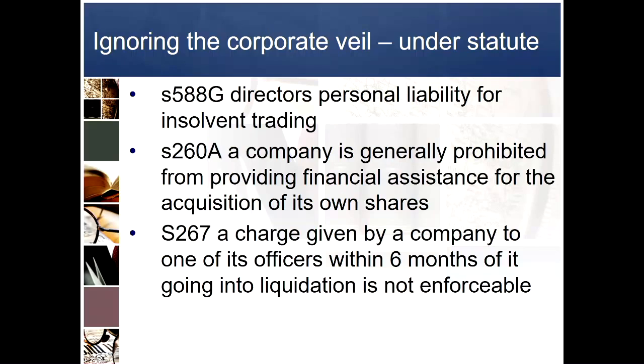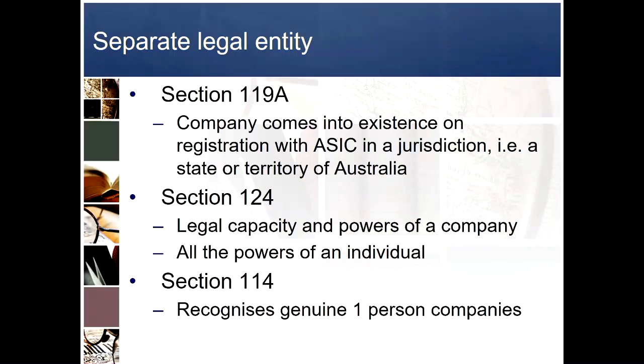So Section 588G of the Corporations Act says that directors have a duty to avoid trading whilst insolvent. If they breach their duty, then they will be personally liable. So it is a way that directors will actually be liable for debts that they incur, in a particular scenario.